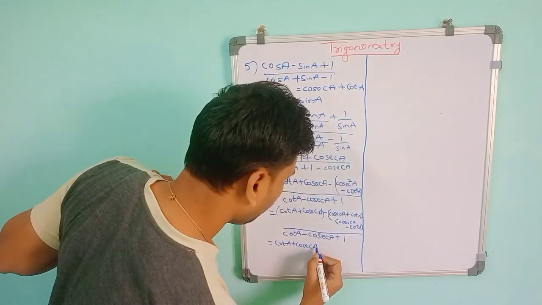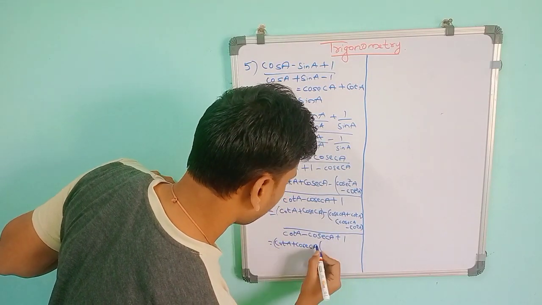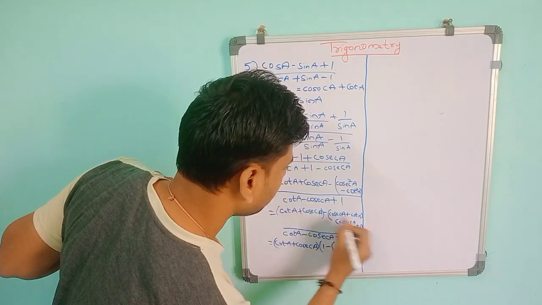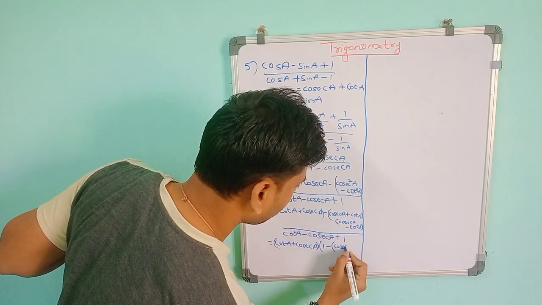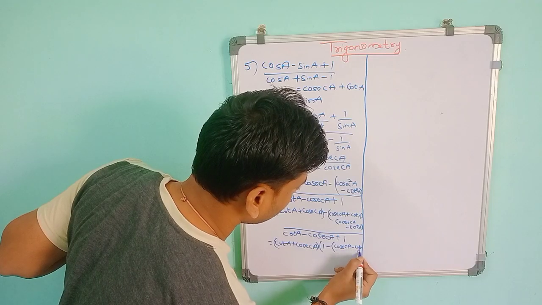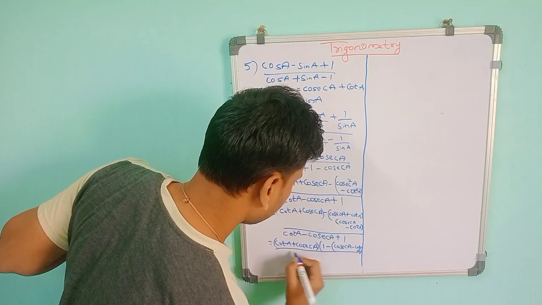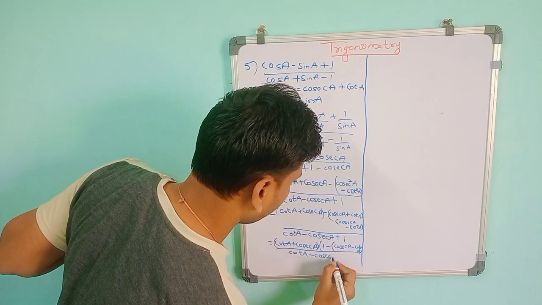If you take this common, cot A plus cosec A, the remaining will be 1 minus (cosec A minus cot A), divided by cot A minus cosec A plus 1.